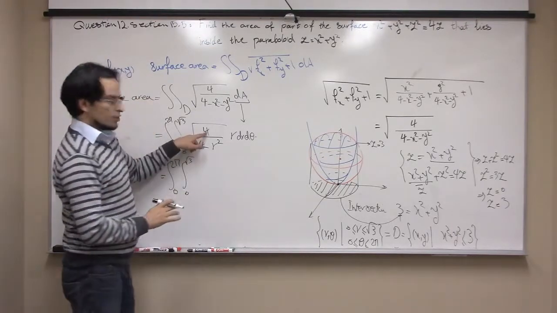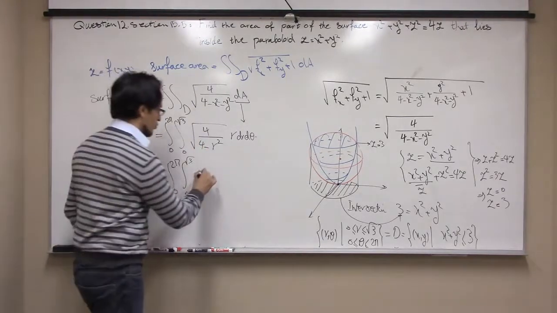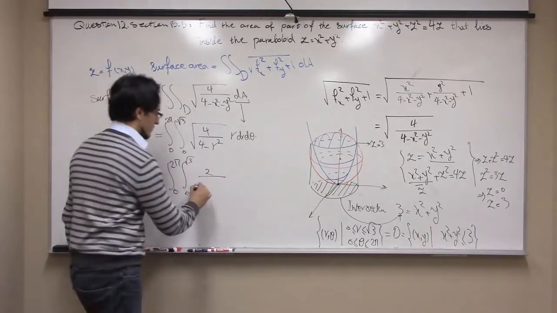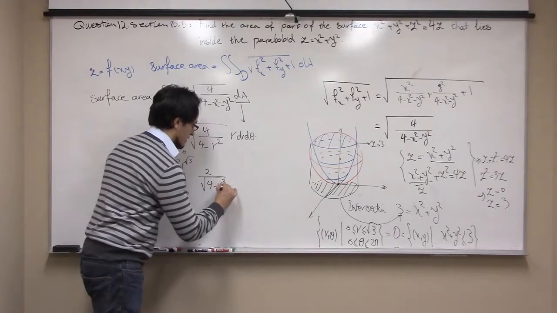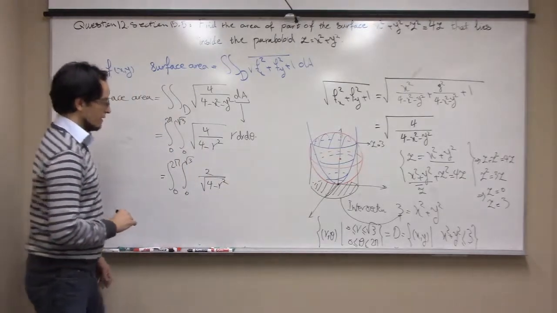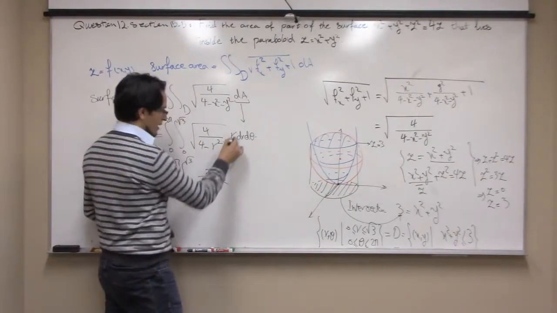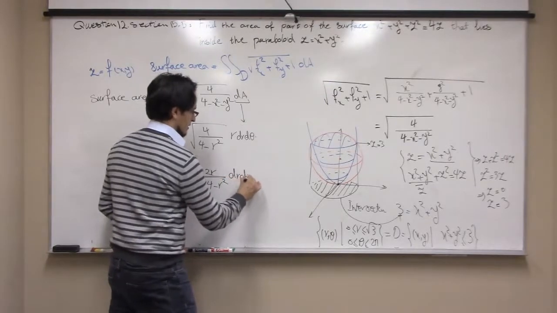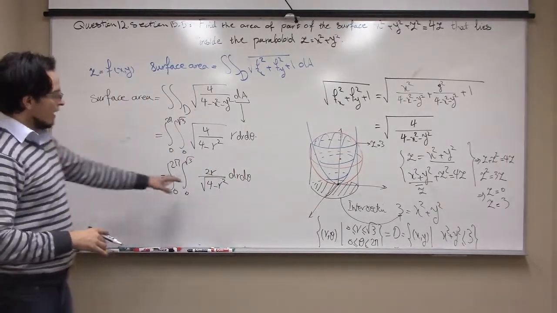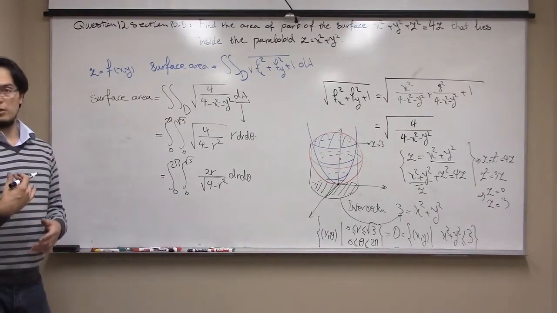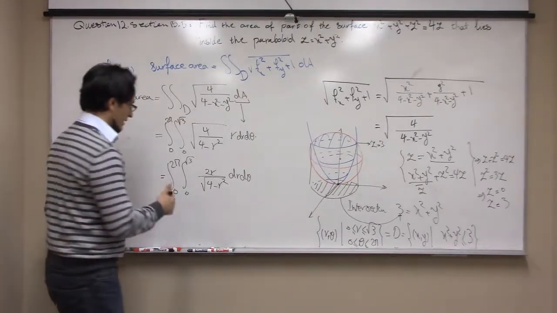So the square root of 4 is 2. In the numerator, I have that. In the denominator, I have this guy here. And then I have r here, dr d theta. Probably this makes it easier to see that I have to use substitution to evaluate this integral.